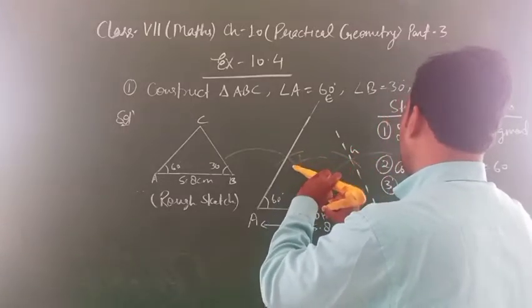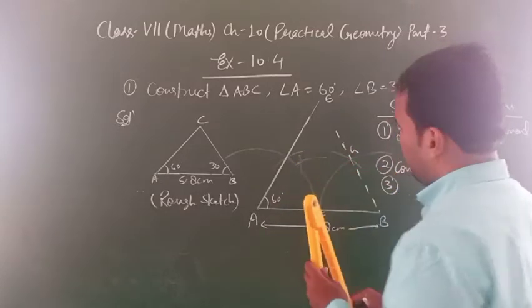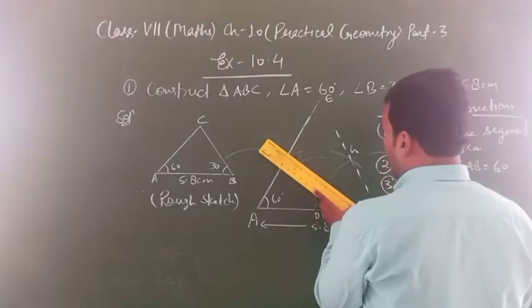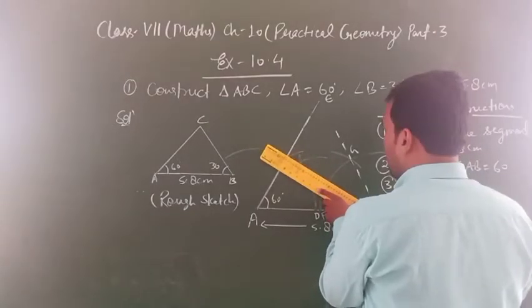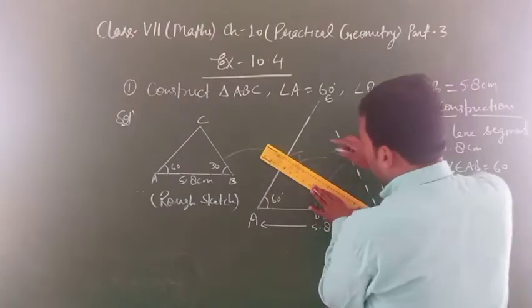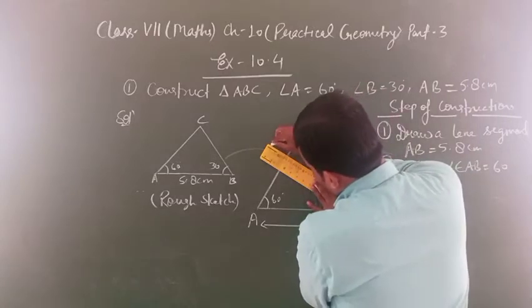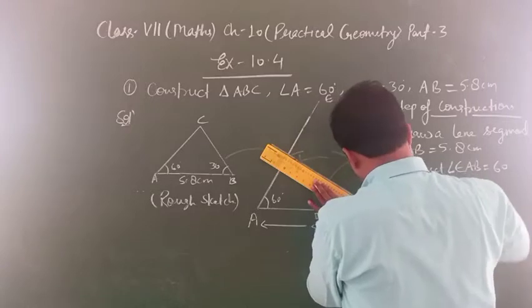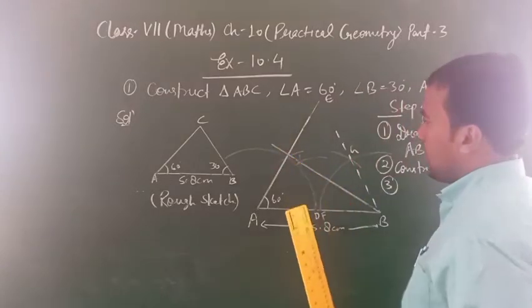When you make it with a pencil, it is very easy. So half of 60 is 30 degrees. Okay? Clear?